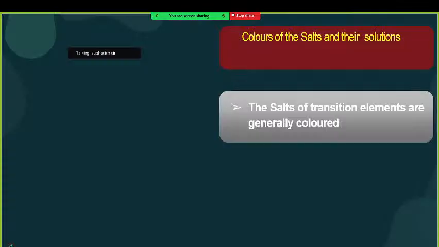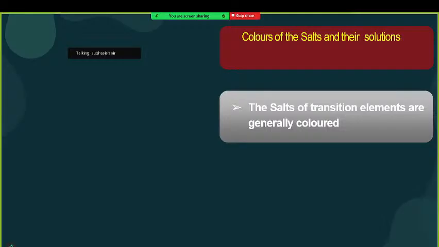Iron, chromium, copper. So iron, chromium, manganese, cobalt, nickel, copper, these types of elements are known as transition elements, and their salts are generally colored.